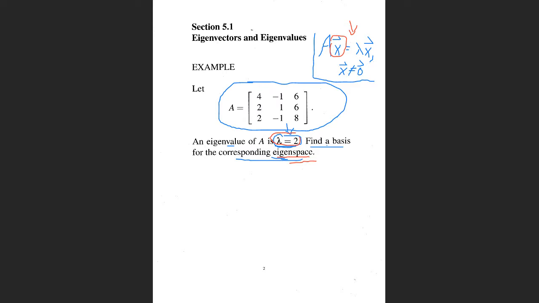Let me go to the next page here. We're looking for non-zero vectors X such that A times X equals lambda times X. Lambda, remember, is a scalar.